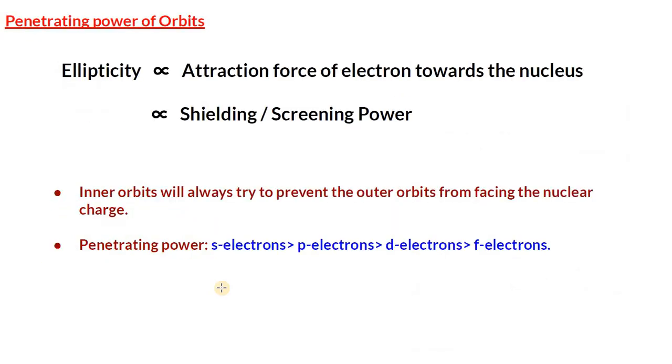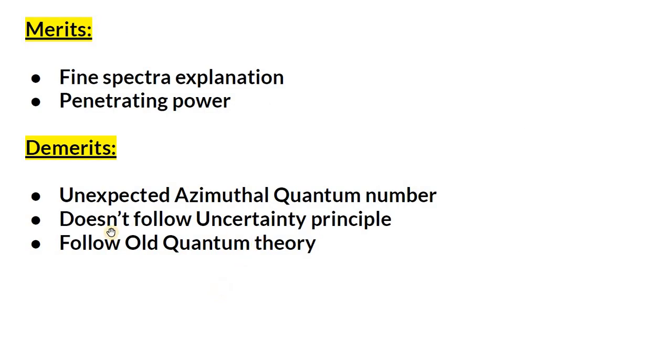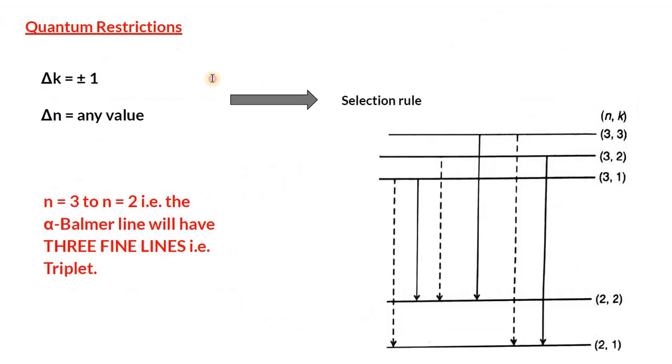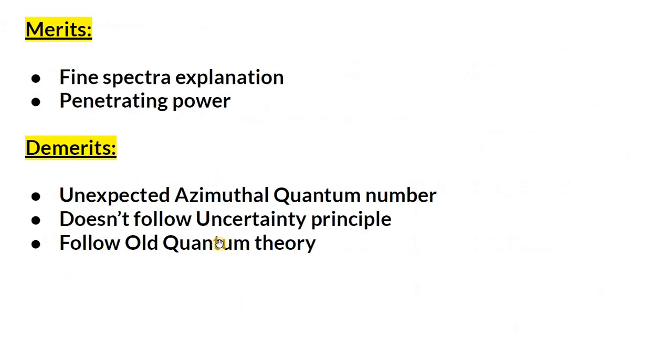Then, according to the Sommerfeld atomic model, it doesn't follow the Heisenberg uncertainty principle. That is because it lets you locate the electron's position and momentum at a particular time. That means it follows some kind of classical mechanics, and it also includes some quantization of energy.